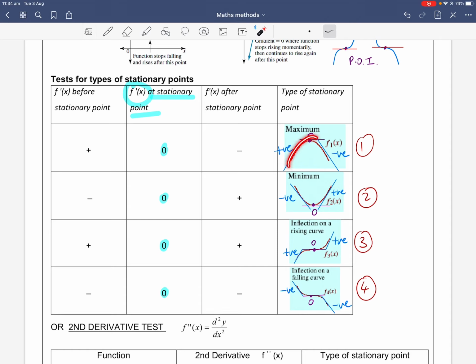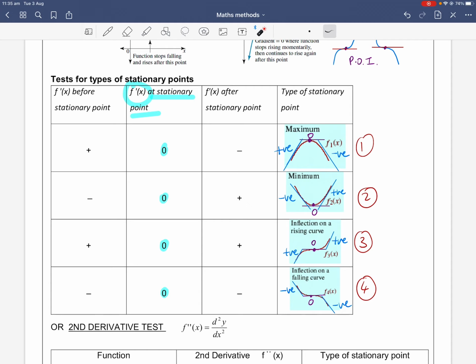There are 4 possible cases. Either we have a maximum, a minimum, an inflection on a rising curve because it goes up, up, or an inflection point on a falling curve because it's falling down, down. Now this method, I call it the table method because usually we draw up a table of values checking points a little bit to the left and a little bit to the right of our stationary point.